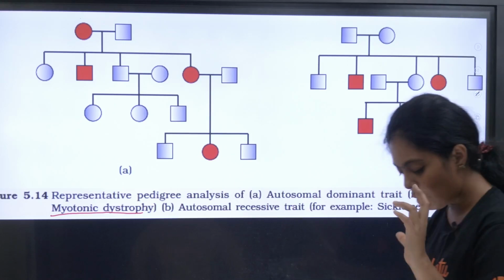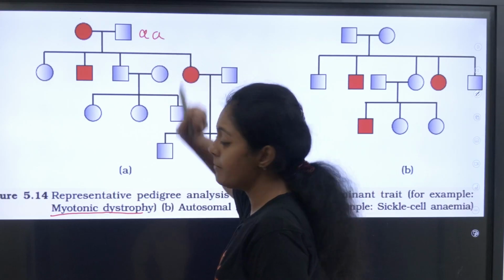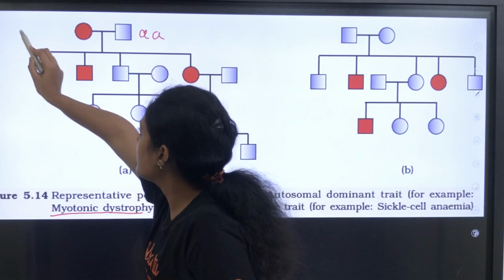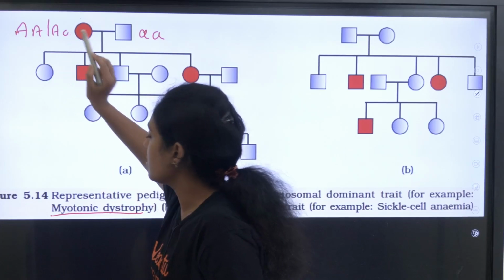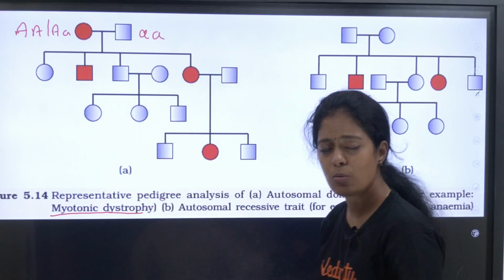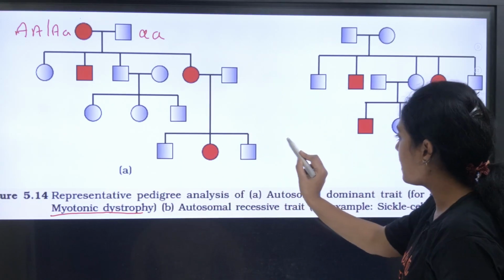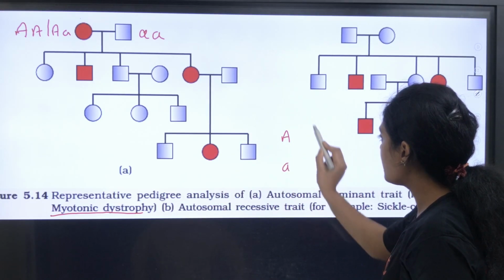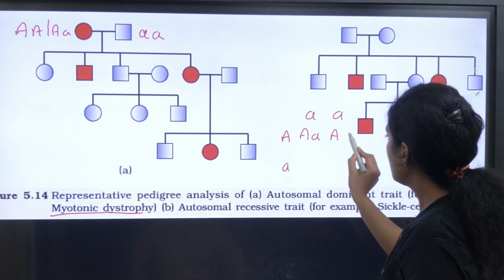Now we can make a small cross of this. Imagine this person is normal, and this person could be homozygous or heterozygous. Let's take that person as heterozygous. So what will be the conditions?